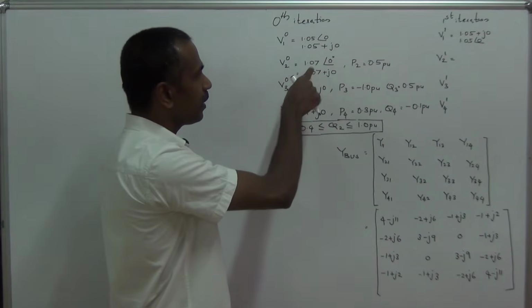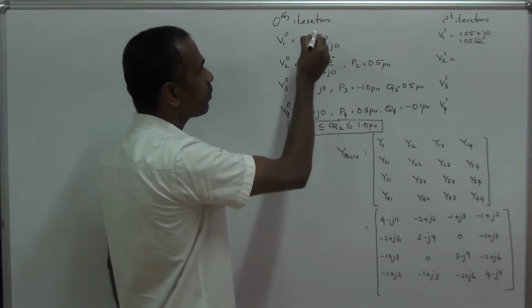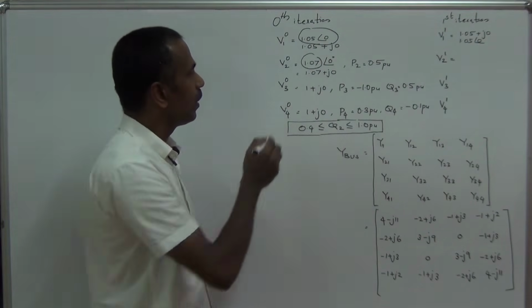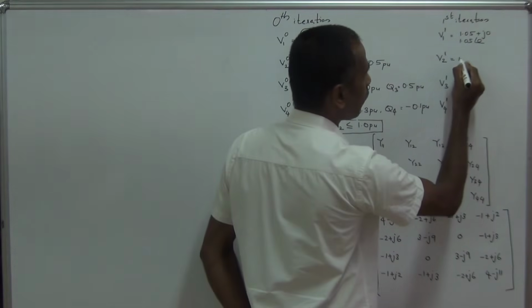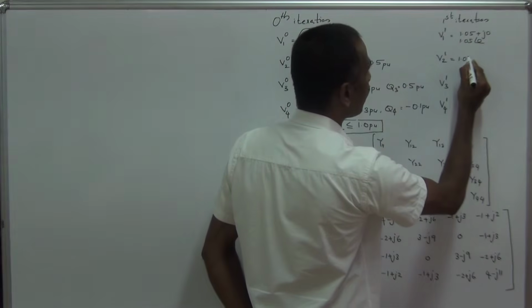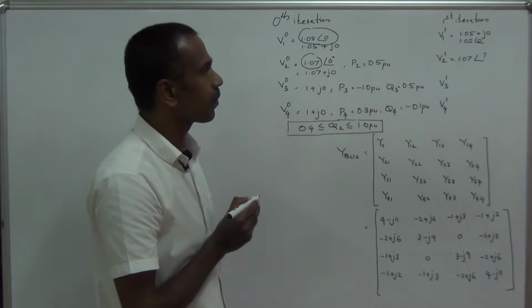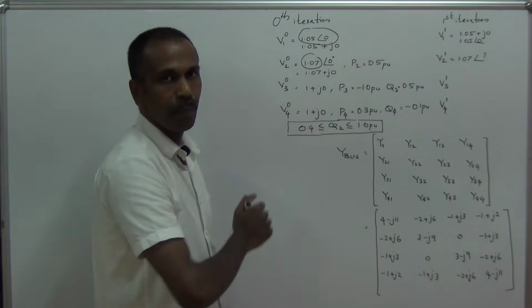The second bus, the magnitude is given. This is the given value. In the first bus, both magnitude and angle are specified. In the second bus, the magnitude is given in the problem. So this is 1.07 angle we have to find out. What about the third bus and the fourth? They are the PQ buses.